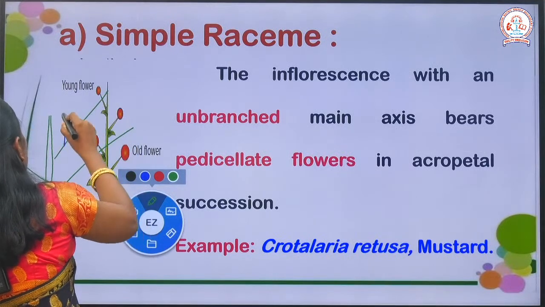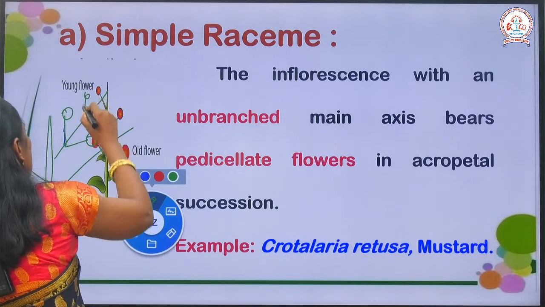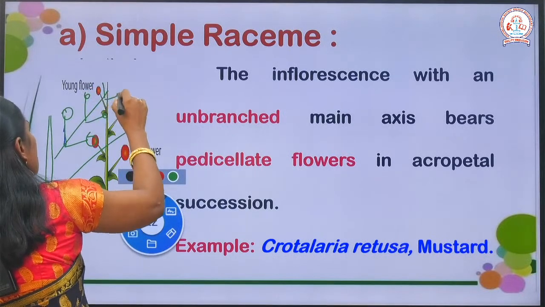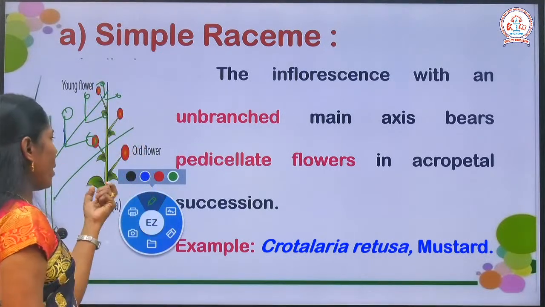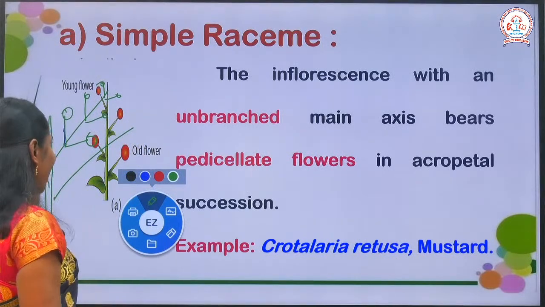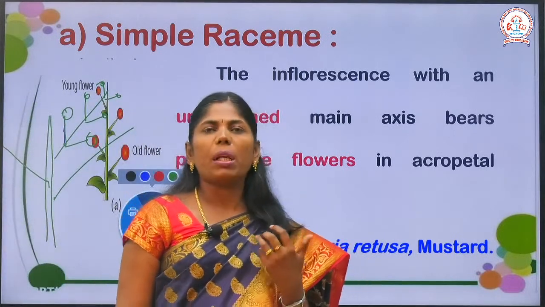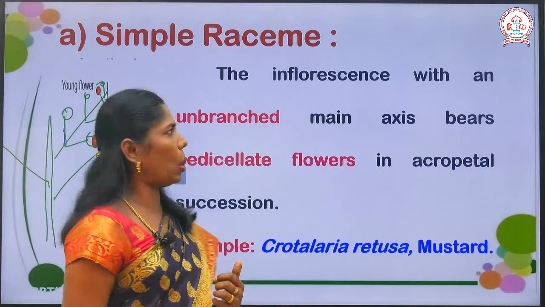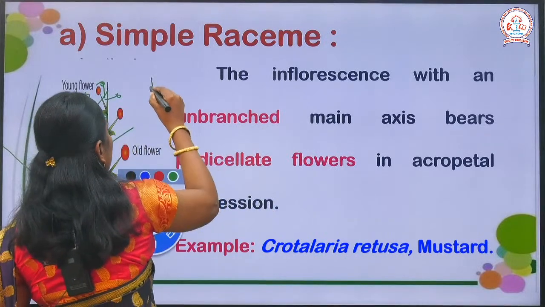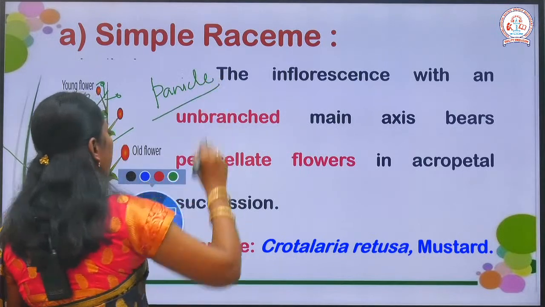This is a simple raceme. A number of simple racemes arise on either side. There is only one simple raceme here, but here we can see a number of simple racemes arising on the peduncle. So, that is a compound raceme. A compound raceme is otherwise called a panicle.